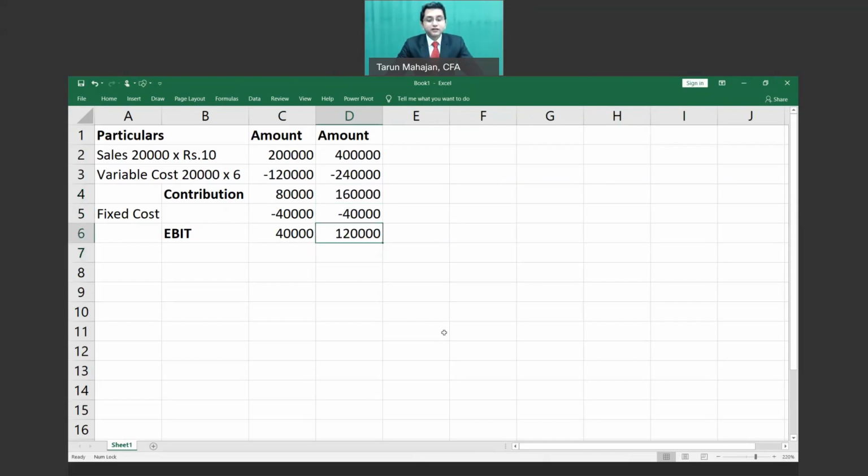And here this disproportionate change is caused by fixed cost. Better I can name it as operating fixed cost. It does not include interest or dividend. And that's why this leverage is named as operating leverage.